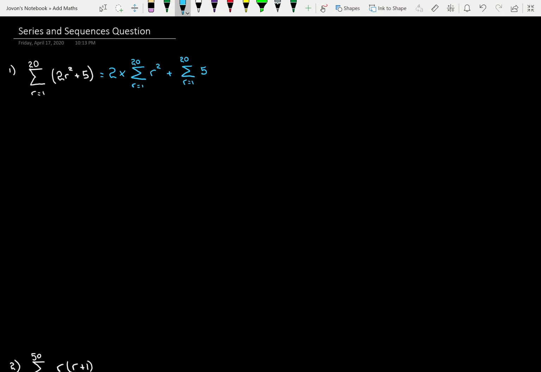Okay, and if you recall now, if you want to find the sum from r is equal to 1 to a number n of r squared, the formula is n into n plus 1 into 2n plus 1 all over 6.